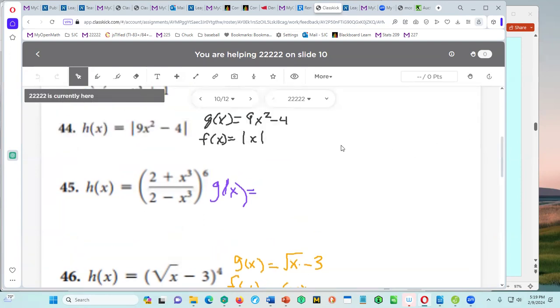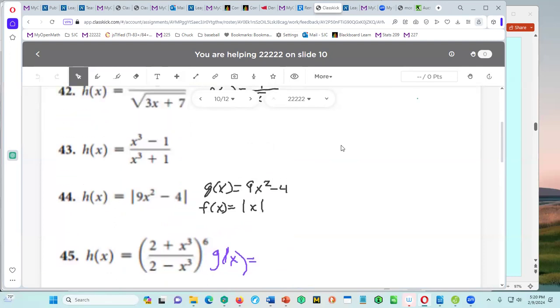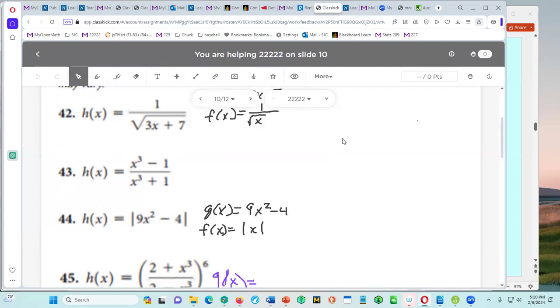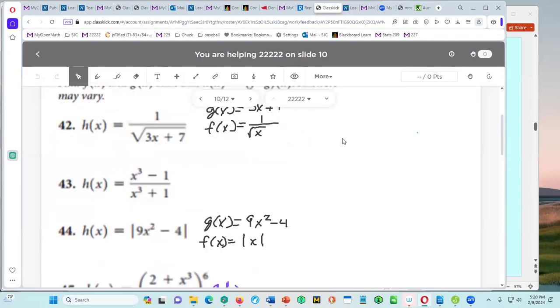Alyssa, what's the inside? It's easiest to start there. What's the inside function? 2 plus x over 3. I mean, x to the third power. It could be that. That's one thing about decomposition, is that there could be more than one correct answer. There could be more than one correct way to compose two functions to get h of x.